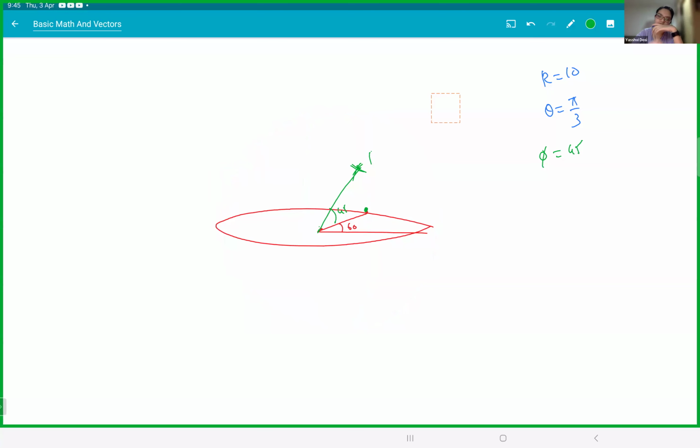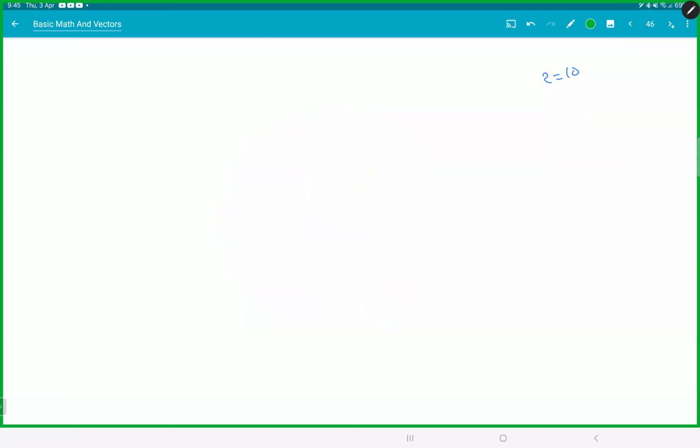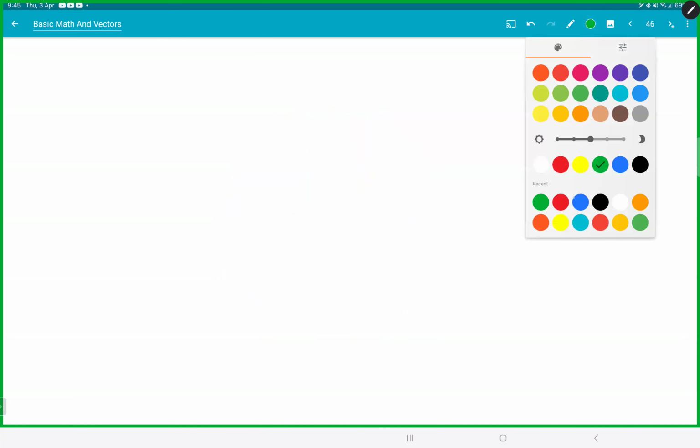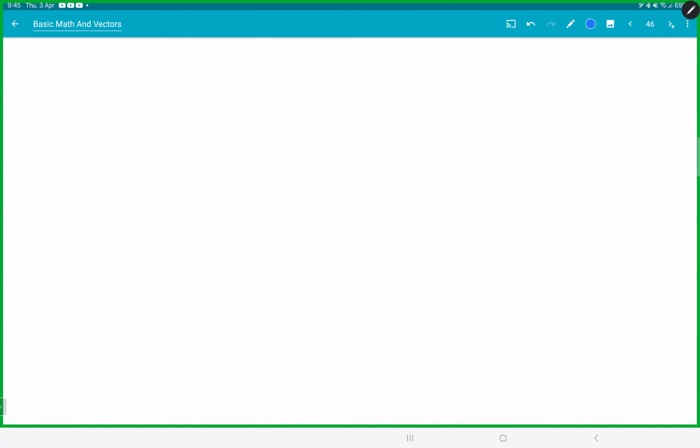I'll tell you. Confused? It's a little difficult, 3D visualization, but let me show you one. I have to draw the picture better. Listen carefully here. Everyone sees this thing. Let's say I want to find an address 10 comma pi by 3 comma pi by 4. So how do I locate this address?